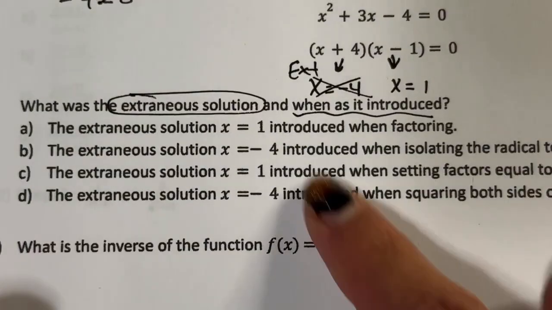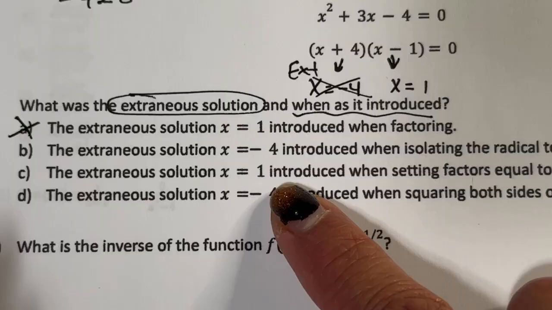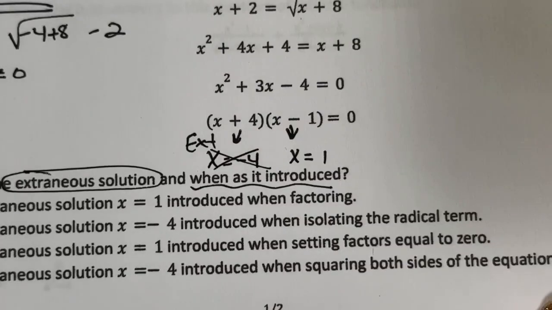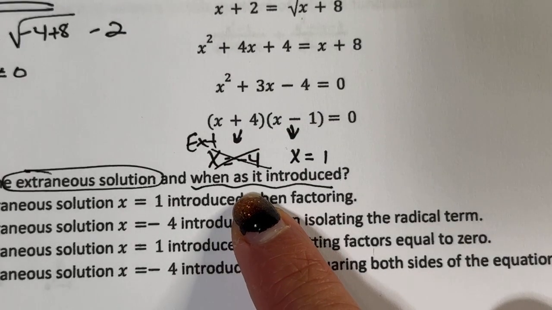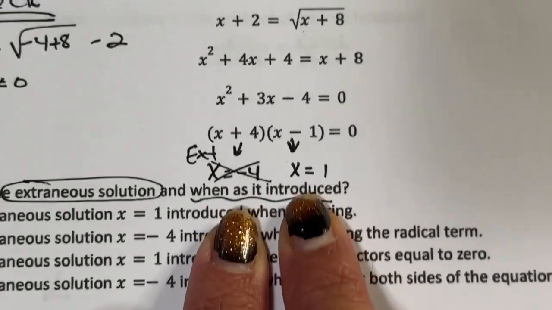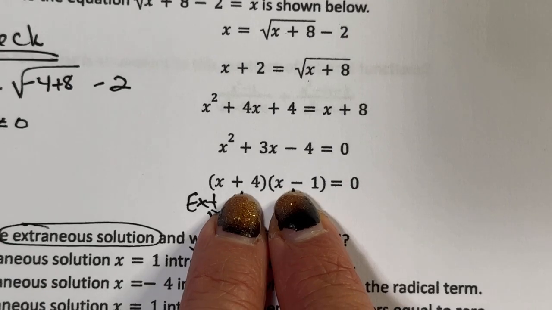So we know then that it can't be A, because that says x equals 1 is the extraneous, and it can't be C, because that also says x equals 1 is the extraneous. So it means it's got to be B or it's got to be D. Well, now we got to figure out which one tells us when it was introduced. Well, look at how many solutions we got here. We got 2 solutions because we had 2 factors.